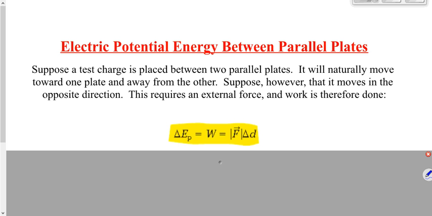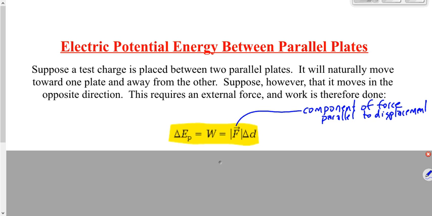Now, the work is equal to the change in potential energy, but as you know from physics 20, it's also equal to F times D, the force times the displacement. But it's important to note that this force is a component of the force that is parallel to the displacement. So, if I have an electric charge in an electric field that's pointing downwards, maybe that charge is a negatively charged particle.